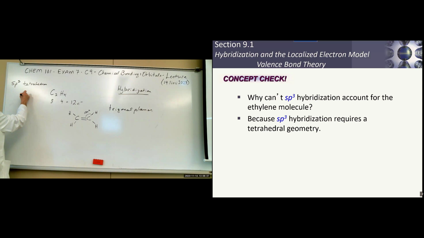Now we've got a trigonal planar, which only requires 3 orbitals. So we just hybridize 2 p's and 1 s. And sp2 hybridization will give us this geometry.